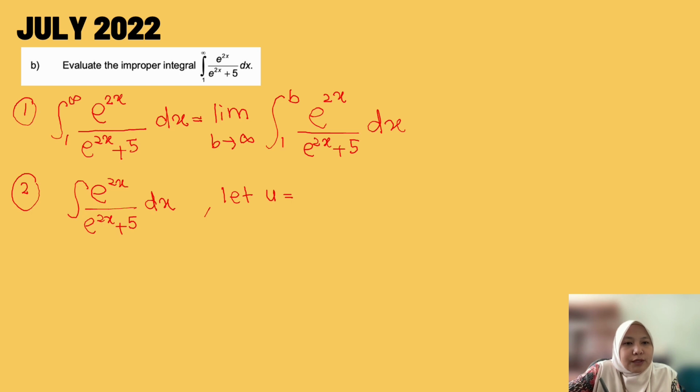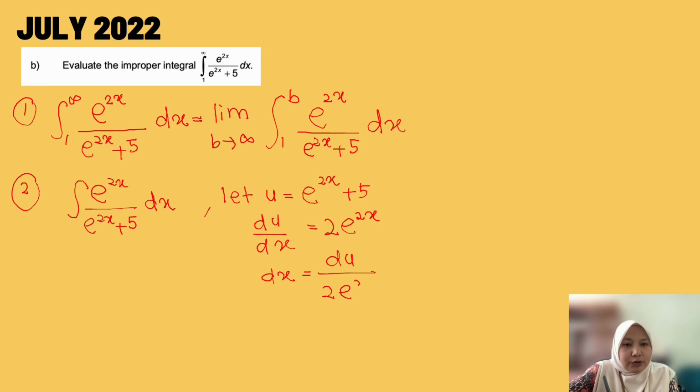So u will become exponent 2x plus 5. Differentiate, we get 2 exponent 2x. So change the form here, dx equals to du over 2 exponent 2x.